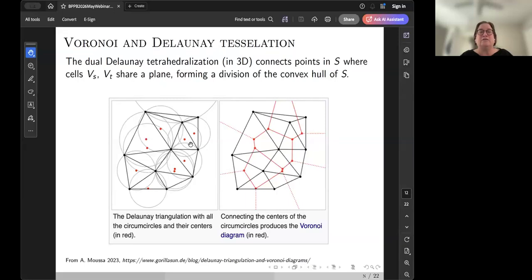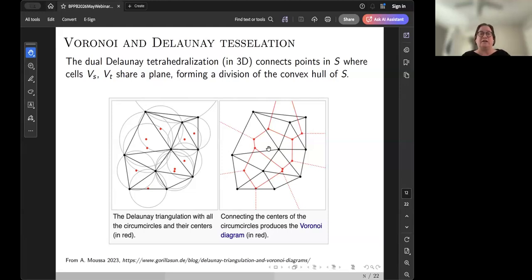I can do that for these 3 points, and these 3 points, and so on. What's interesting is all those centers, when I hook them up, give me my Voronoi tessellation. So these are just two versions, and I can computationally interconvert from one to the other.